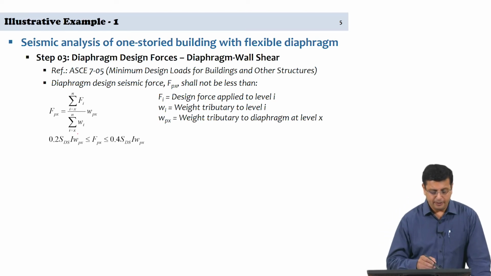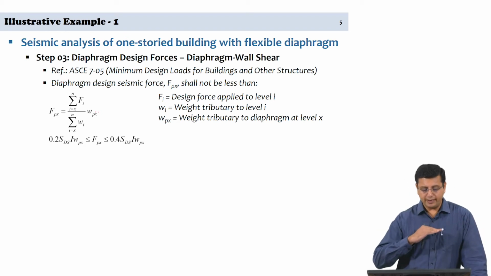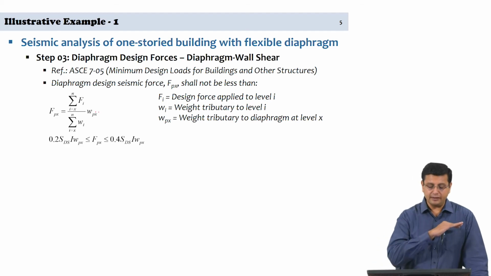So, you have summation Fi divided by summation Wi multiplied by Wpx, and here Wpx is the weight at a certain level x for which the design seismic force of the diaphragm is being estimated.